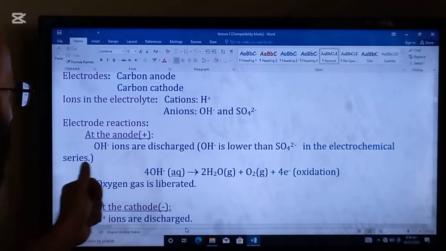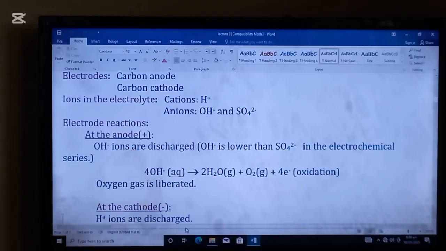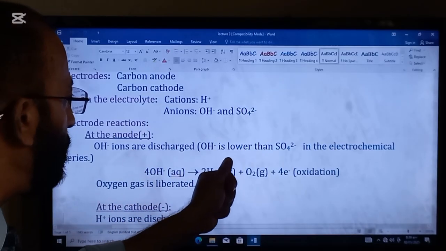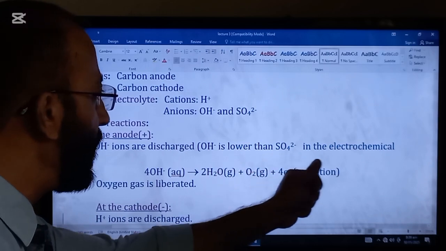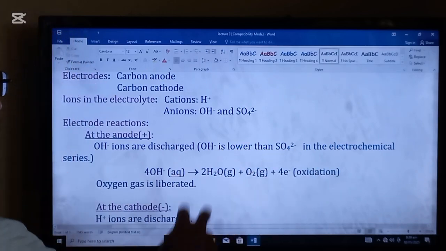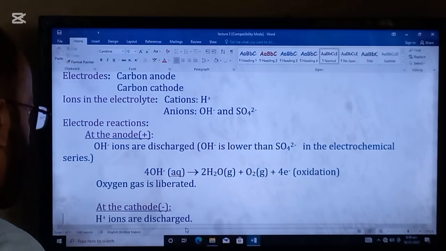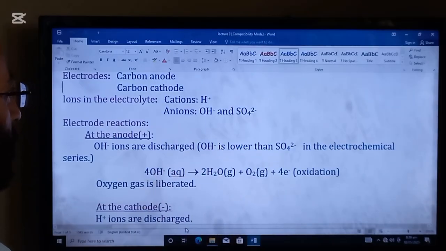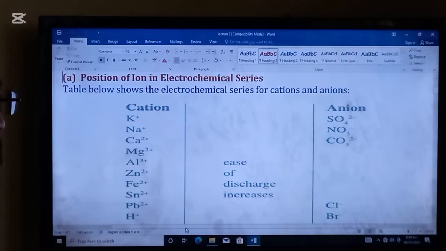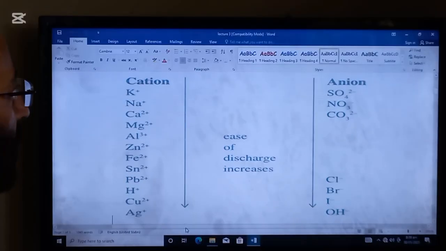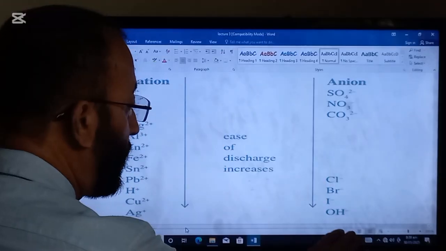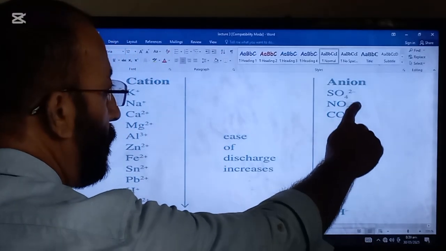Electrode reaction at the anode. OH- ions are discharged. OH- is lower than SO4 2- in the electrochemical series. So here are two anions present in the electrolyte. So we will look now at the electrochemical series. If you look, OH- is lower in this series as compared to SO4 2-.